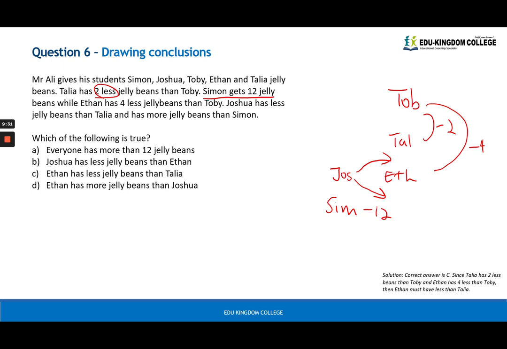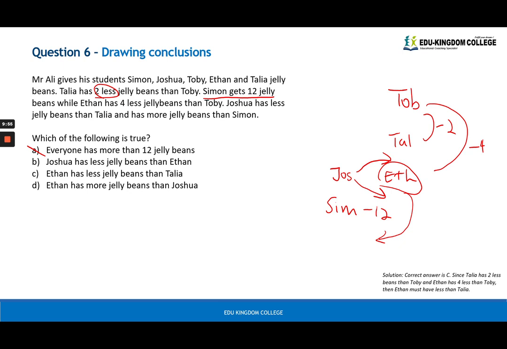So we don't actually know that. It looks like Simon is last, but remember Ethan is also flexible. Ethan may actually go below Simon as well, okay? We don't know for sure.